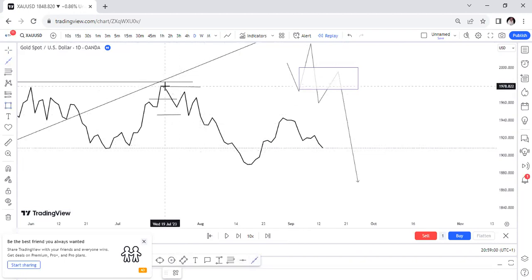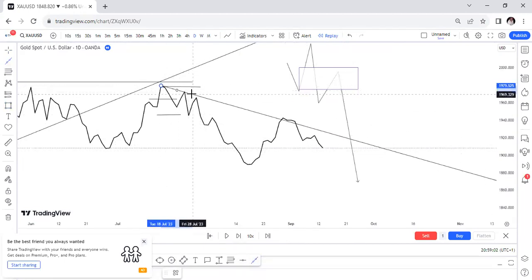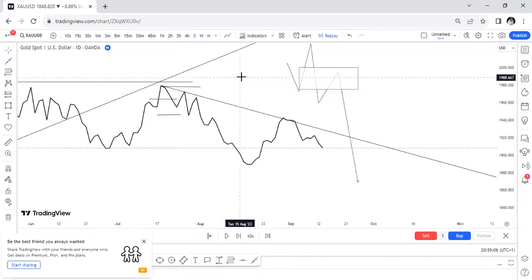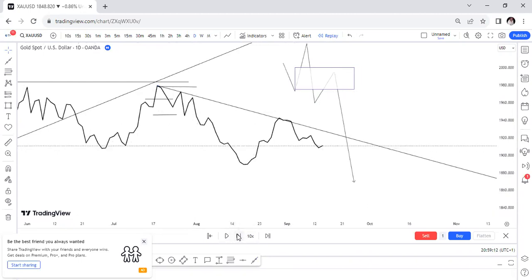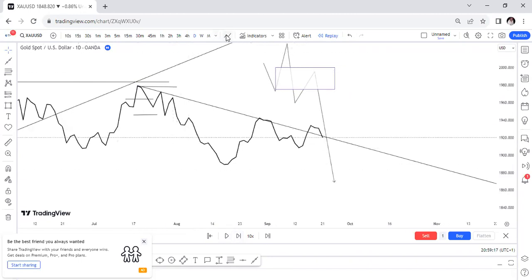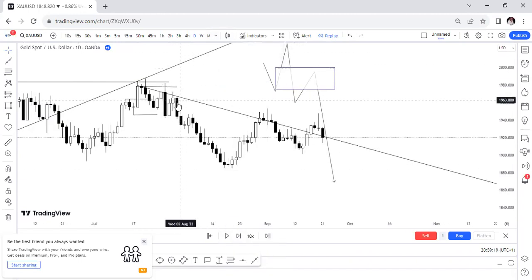Wow, that's wonderful. And see that? I want to see another one here. Price breaks through there. You can see it. See here, this is engulfing, right? Engulfing.